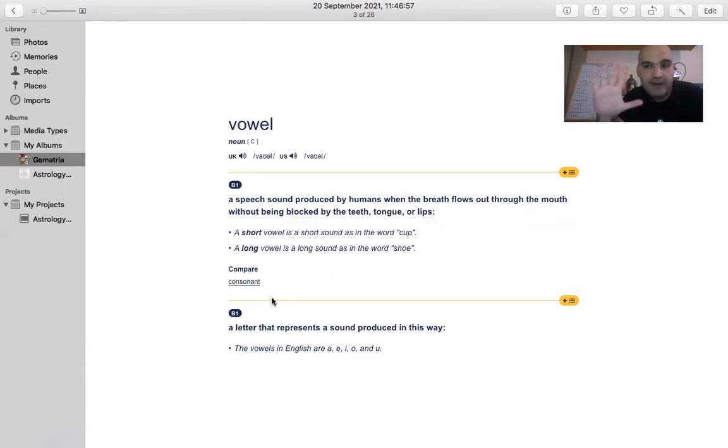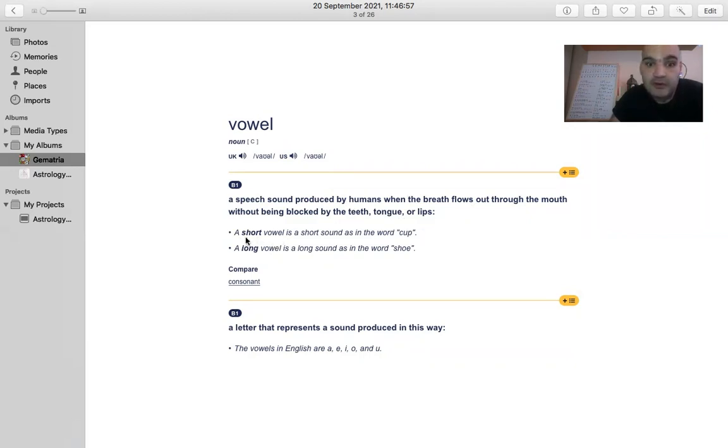There are 5 vowels in the English alphabet, as you can see here: A, E, I, O, and U. When you say those particular sounds, you say them in a particular way. Here it says, a vowel is a speech sound produced by humans when the breath flows out through the mouth without being blocked by the teeth, tongue, or lips.